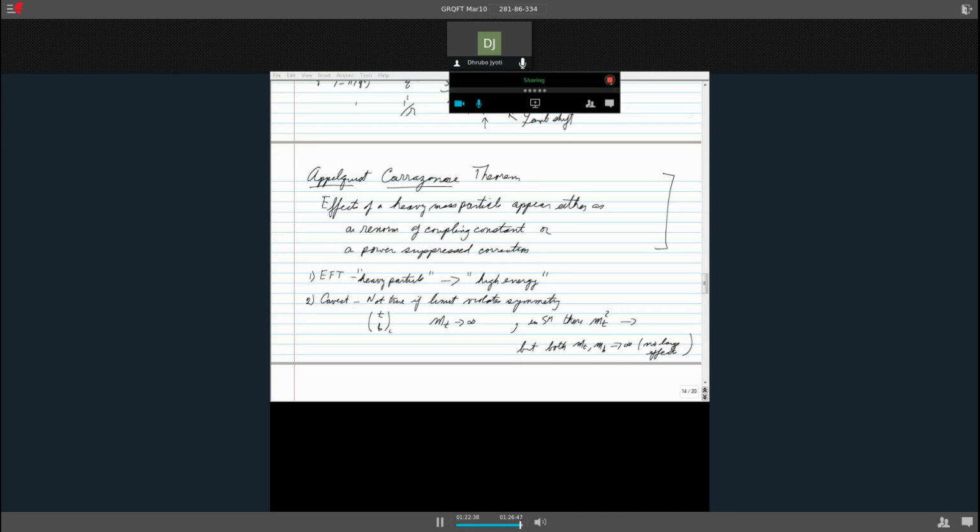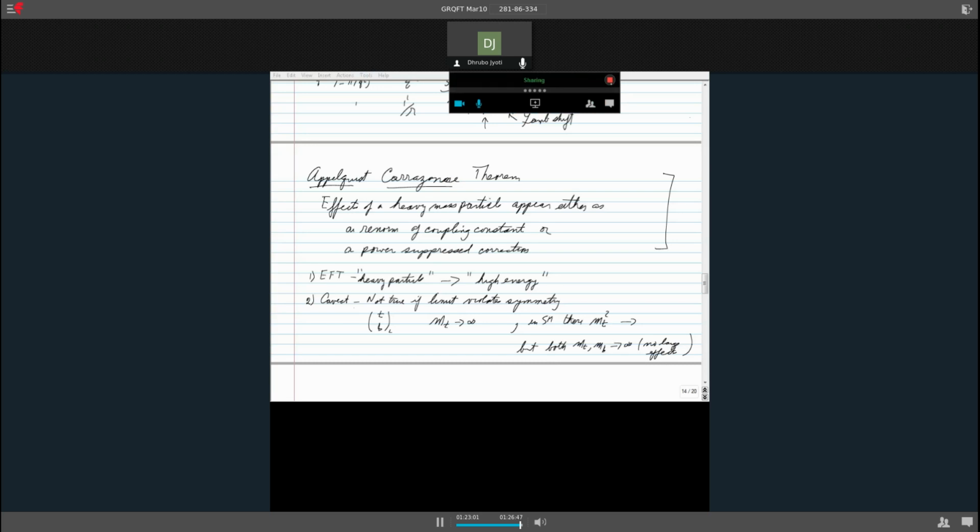And this explains why in the standard model, there are mt squared effects that get arbitrarily large as you go to large top masses.